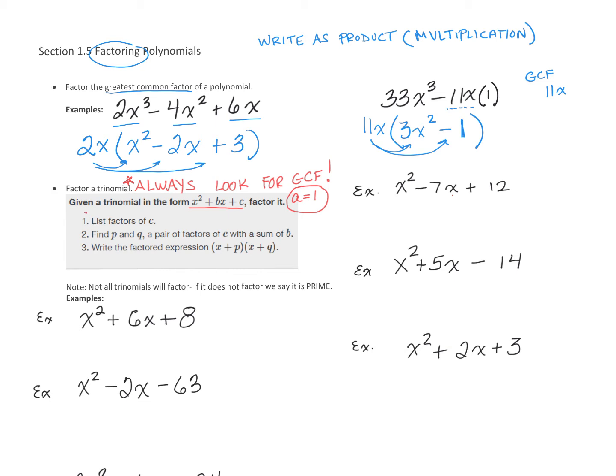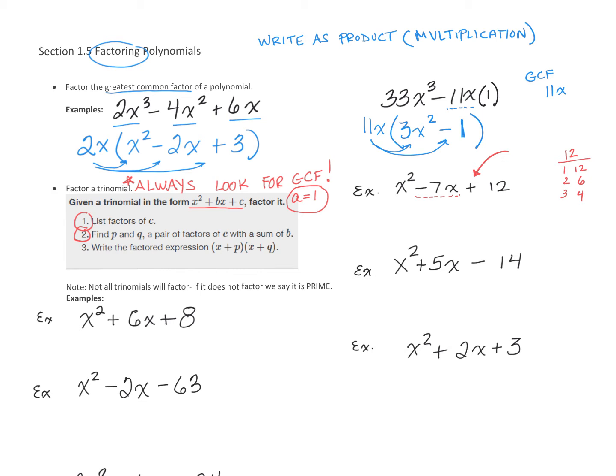What we're going to do is list factors of our constant, in this case 12. So we're going to get 1 times 12, 2 times 6, and 3 times 4. And I need to find 2 numbers, we'll call them P and Q, that will add to this middle term, -7. Because this is a plus sign, we're multiplying.